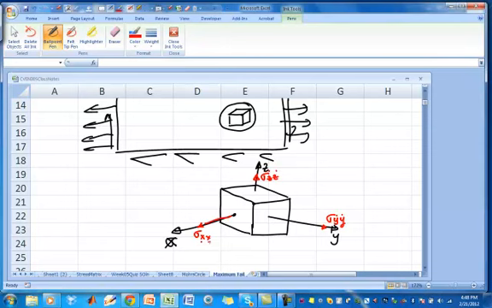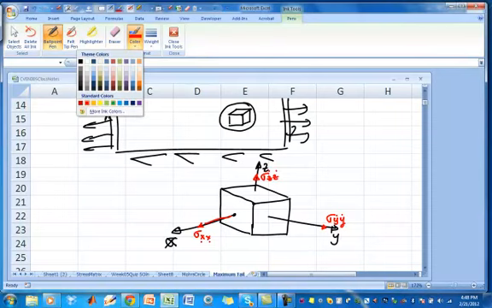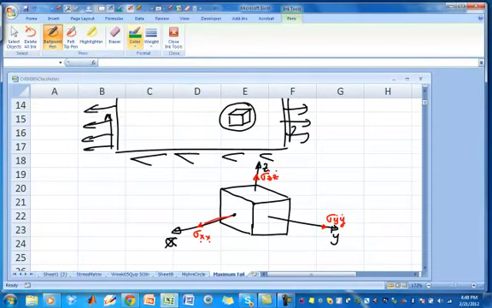I need to specify the shear stresses. So the shear stresses, I'm going to do it in a different color so we can see it. Let's do it in the ballpoint pen. Yeah, there you go. So shear stress this way, what will it be called? It will be called sigma y face z force. This way, sigma y face x force. Then this way, sigma x face z force.